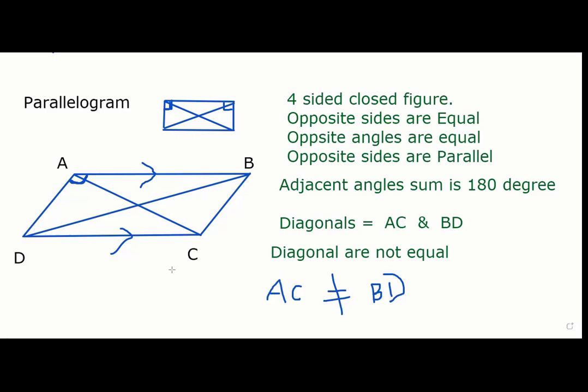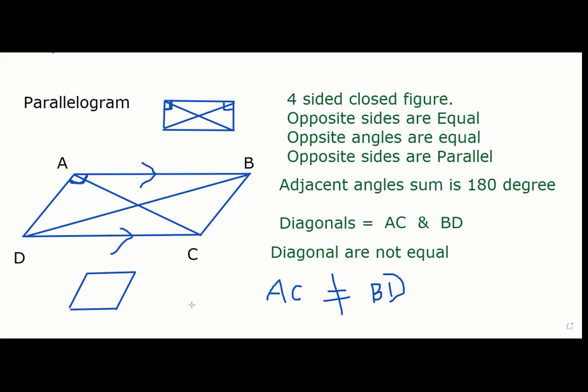Perfect. Now, if parallelogram is known, rectangle is known, what is the difference between rhombus and parallelogram? Anybody? Nishita? So in a rhombus, they are all the same. Most of the properties of a parallelogram apply to a rhombus, but a rhombus has an extra thing.